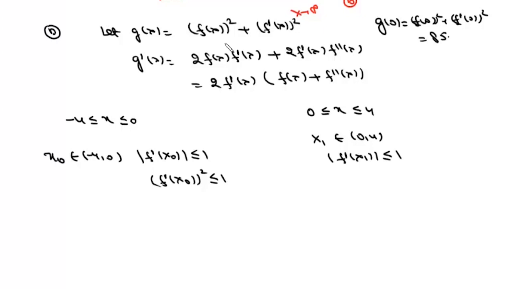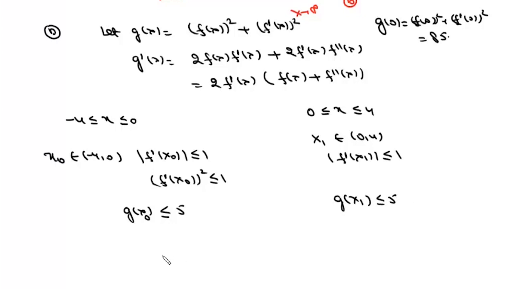Then in that case this g(x) will always be less than or equal to, now the maximum value of f(x) is 2, so it will be 4 plus 1, and there will be 5. So g(x0) is less than or equal to 5, and g(x1) is also less than or equal to 5.